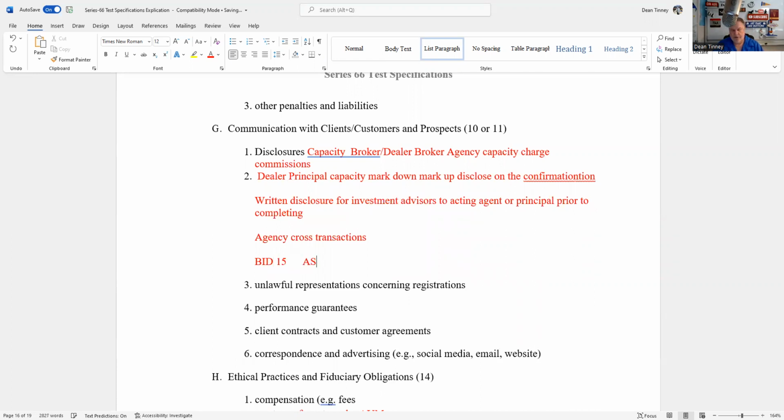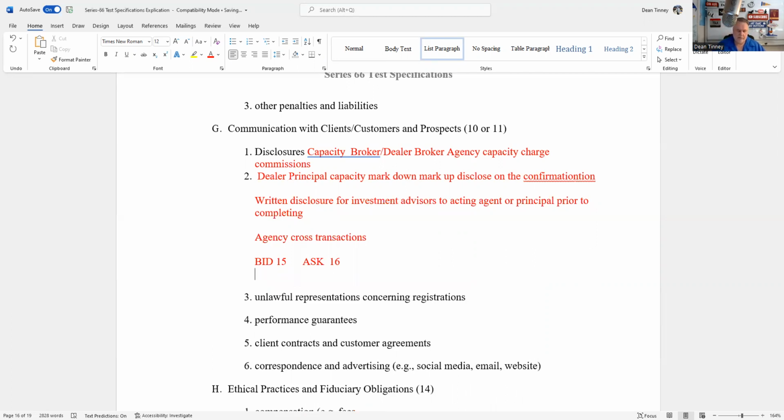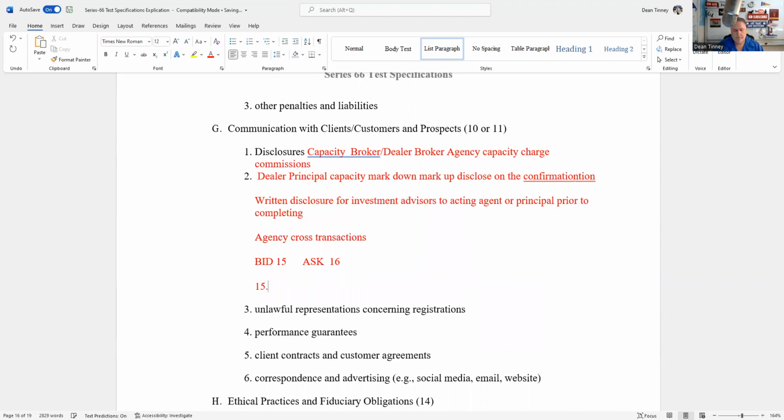and the ask is 16, and I have an investment advisory client who wants to buy and somebody wants to sell, it looks like if I take this to the market maker, the customer who wants to sell is going to receive 15 and the customer who wants to buy is going to pay 16. So instead, I say, hey, why don't we do a cross at 15.50.